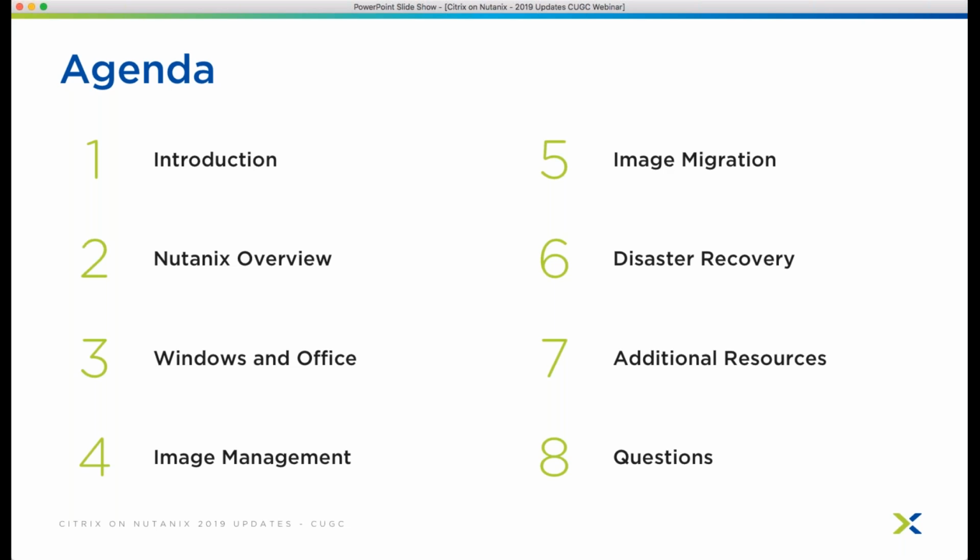We'll talk about Windows and Office, mainly the impact of different versions, security patches, and so forth, and how that impacts density and performance. We'll talk about image management on Nutanix, image migration, and disaster recovery. I'll put some links up for additional resources, and then we'll take questions at the end.